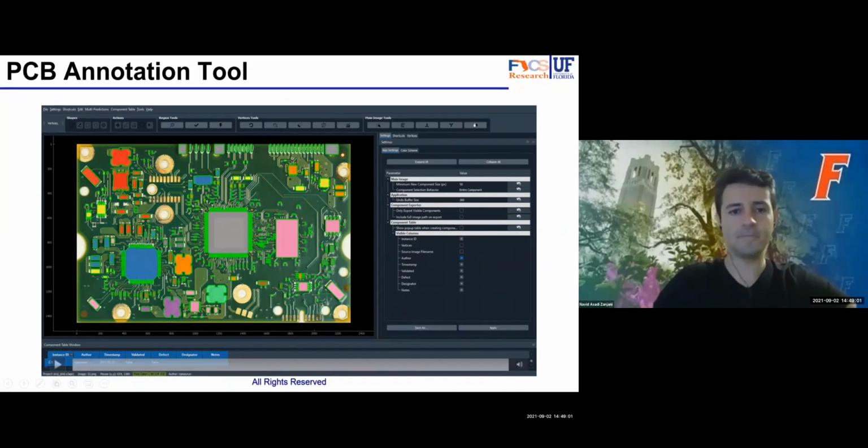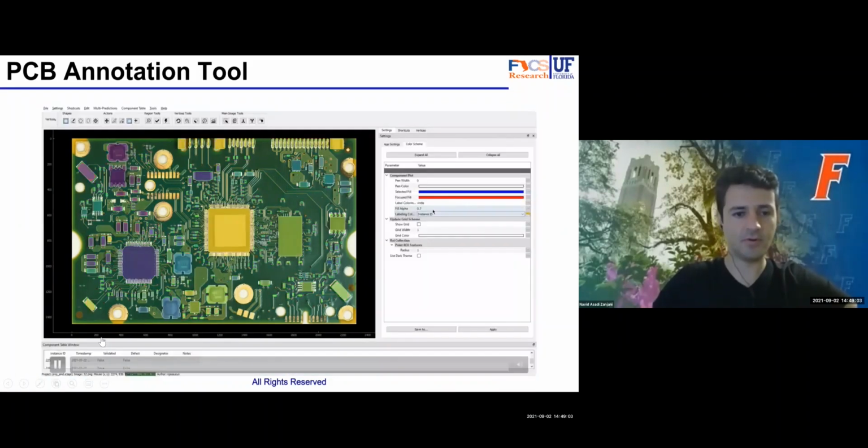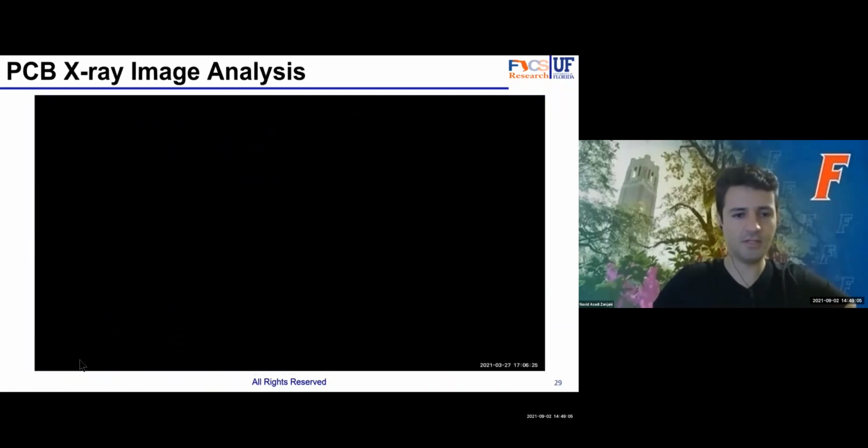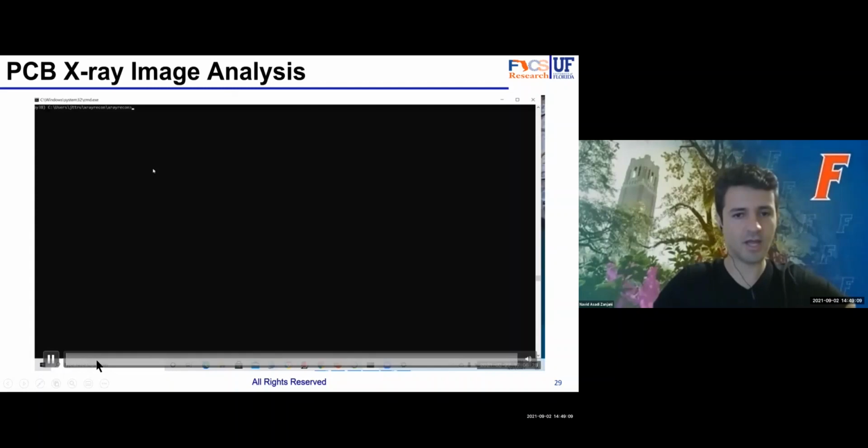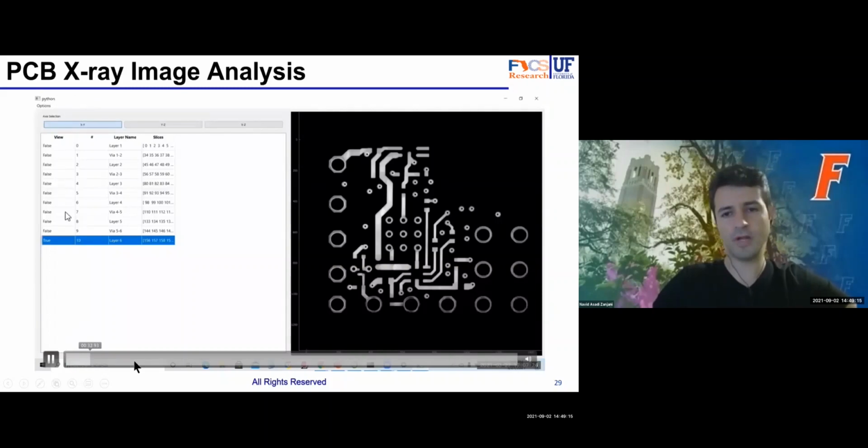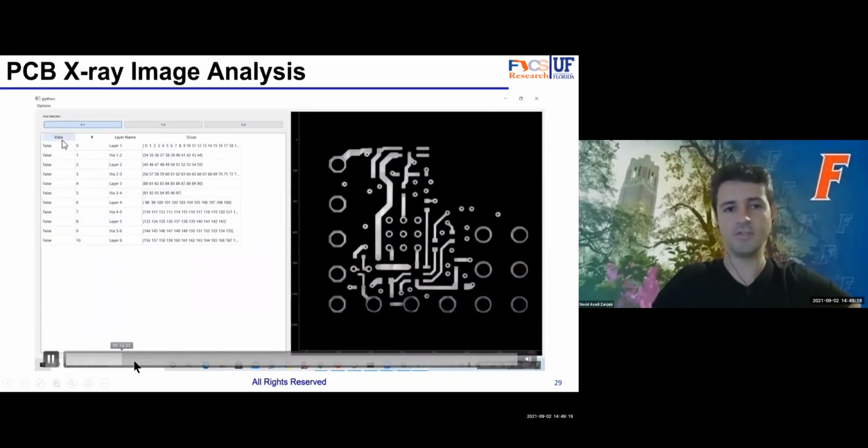We are also doing the same for the X-ray domain. This is a longer one, so I'm going to skip it. We have another interface where you can load up your X-ray images, and these can be visualized in different layers.